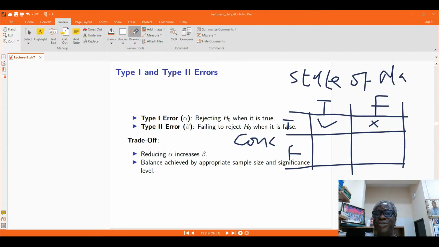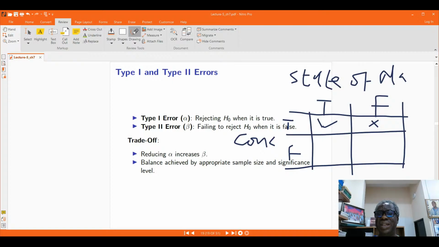The error you commit when you reject the correct hypothesis.